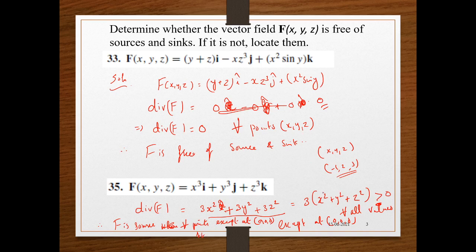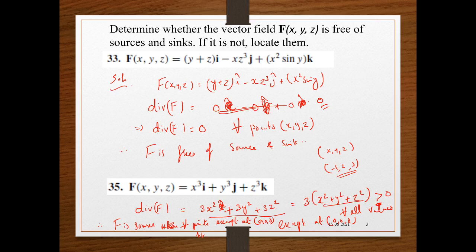So at 0, 0, 0, the divergence of f is 0. Therefore, at 0, 0, 0, it is free from source and sink, and for any other value x, y, z, it is a source. Okay. Have you got it?